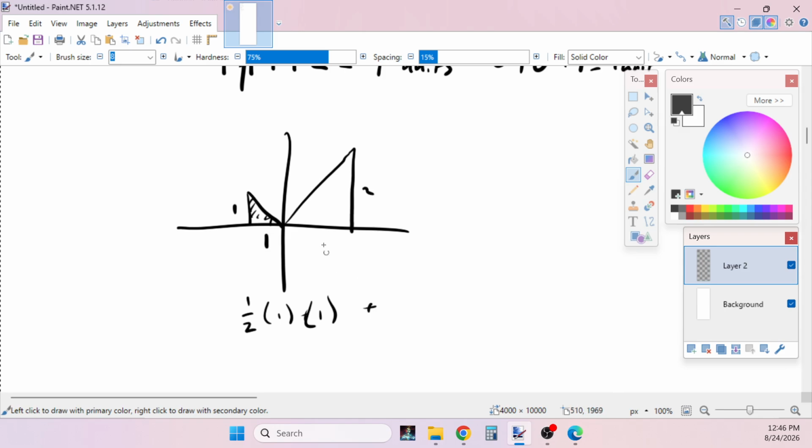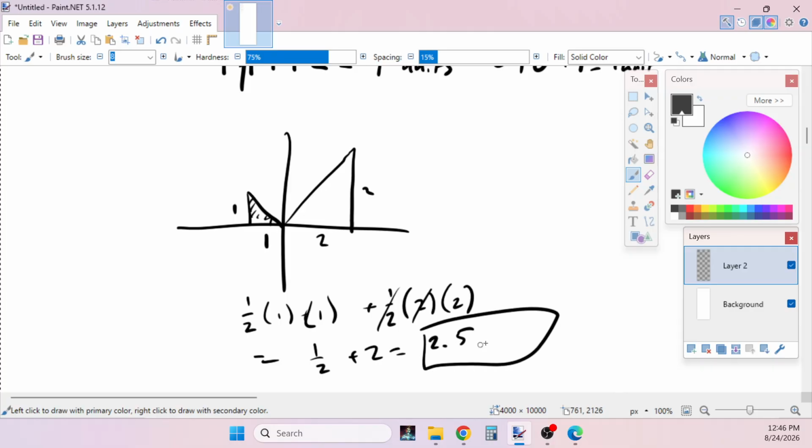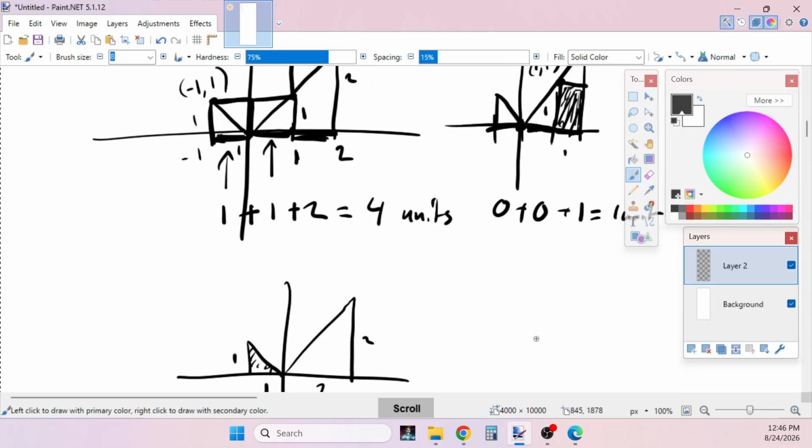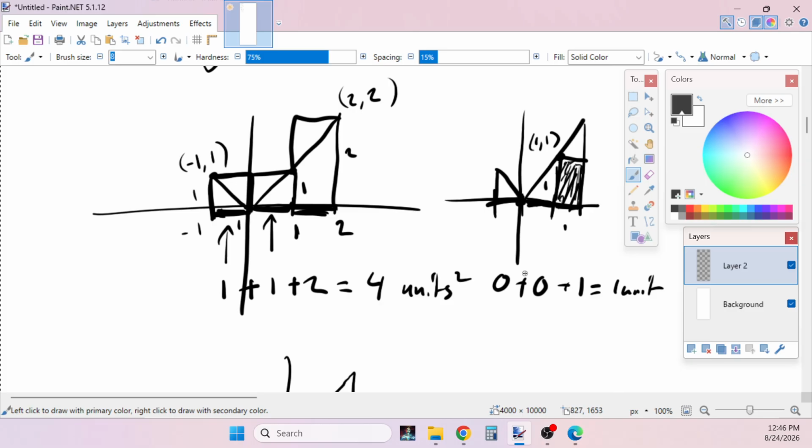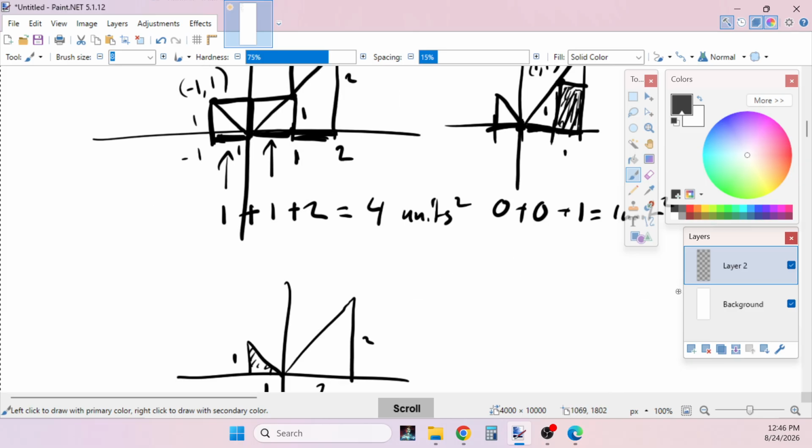This is a height of 2, a base of 2, so we get 1 half times the base times the height. We get 1 half plus 2, 2.5, is the actual area, and we get that via geometry.